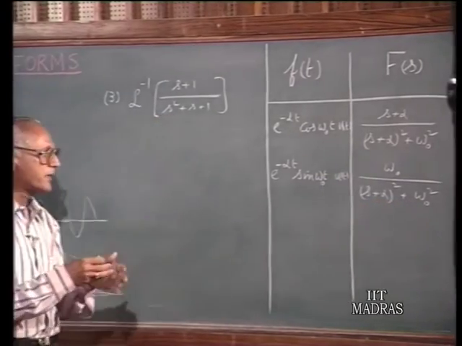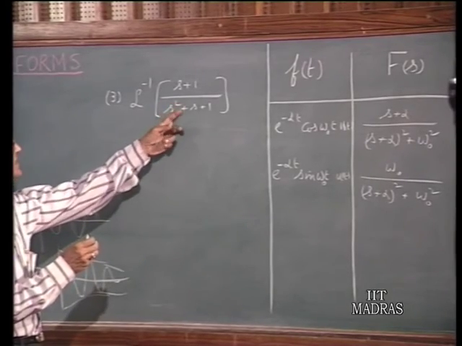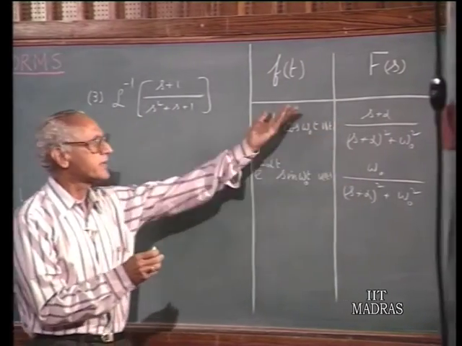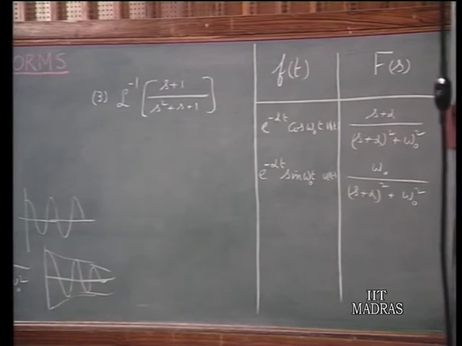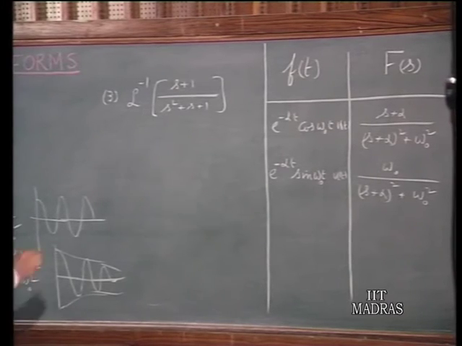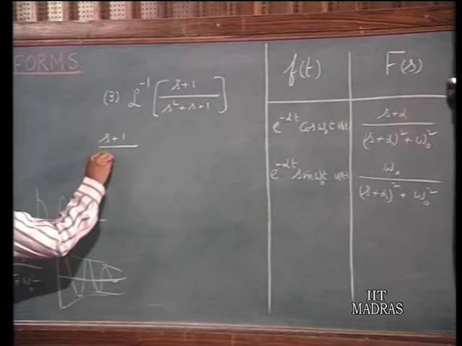If you try to put that in that form, then you can decompose this function into a sum of two such functions, and then you can readily recognize them to be the inverse Laplace transforms of sinusoidal functions with decreasing amplitude. So, let us go about it. Let's see this. So, s plus 1 over s squared plus s plus 1.